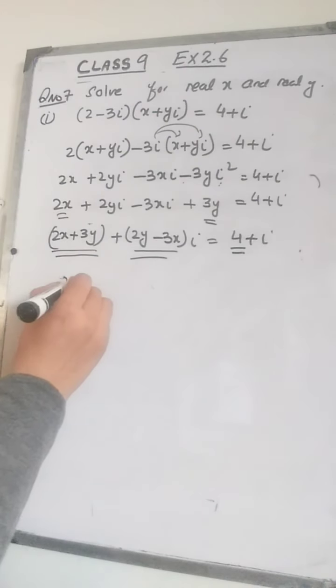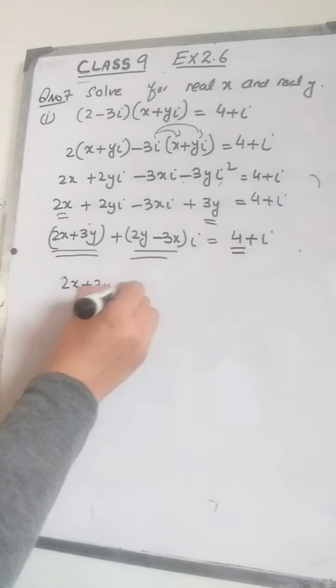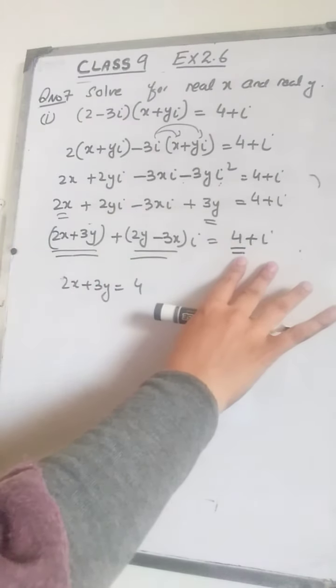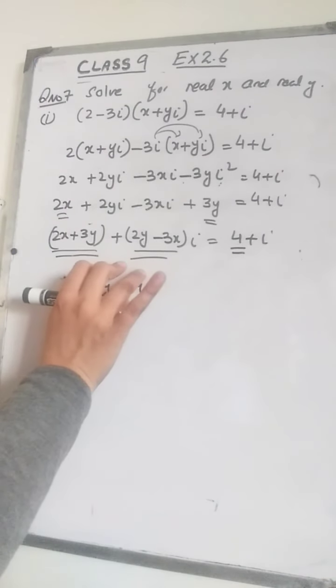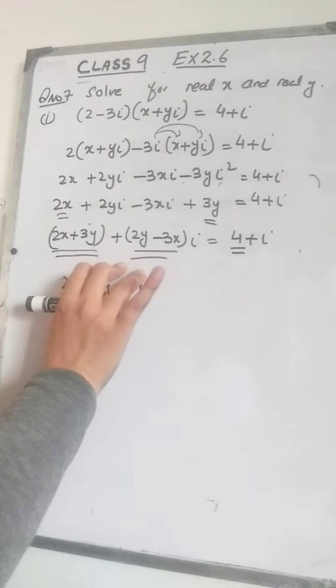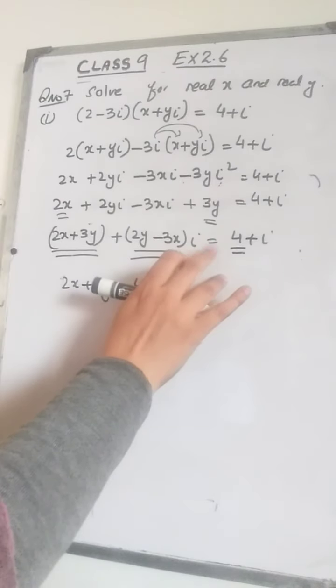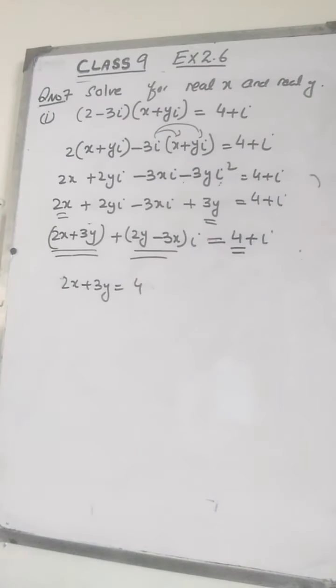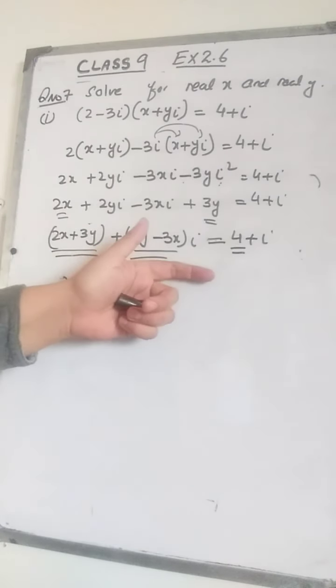So 2x plus 3y must be equal to 4, because both sides are complex numbers, and the equality sign shows that these two complex numbers are the same.